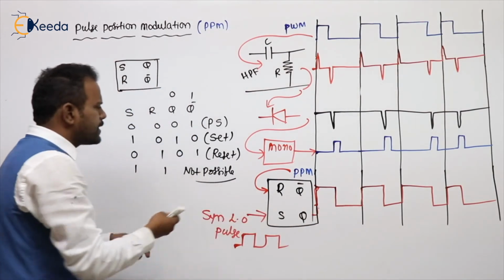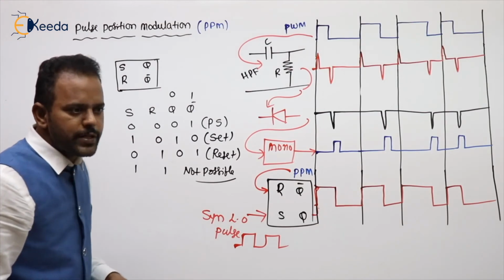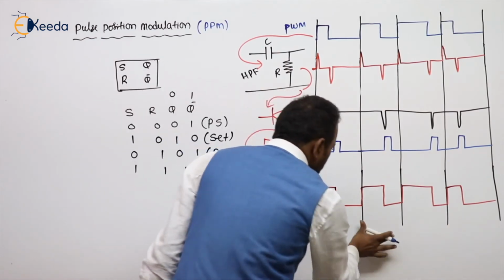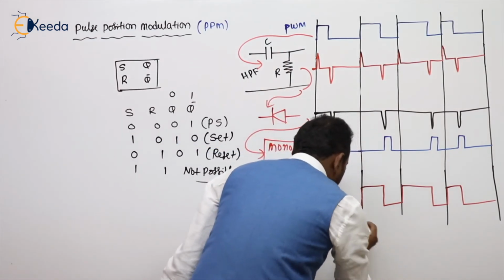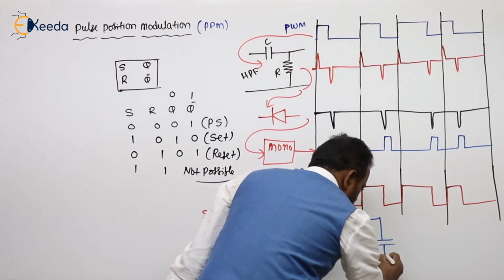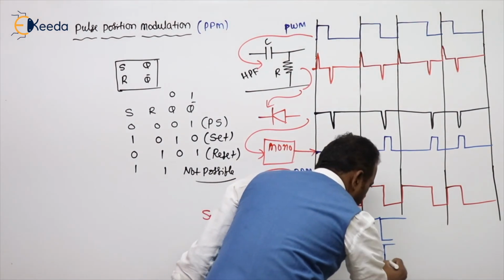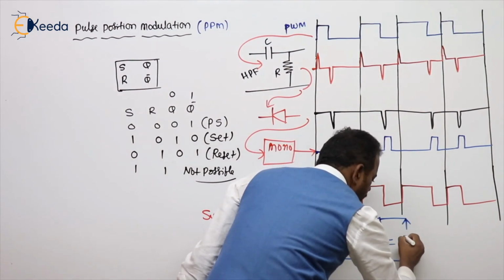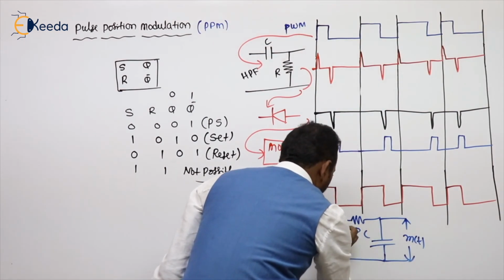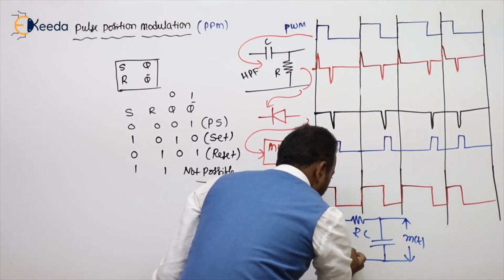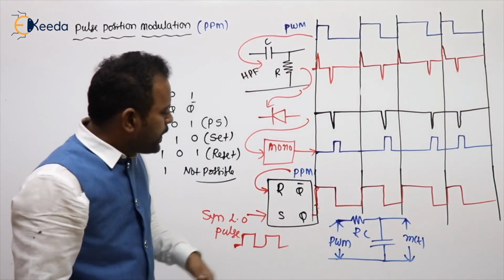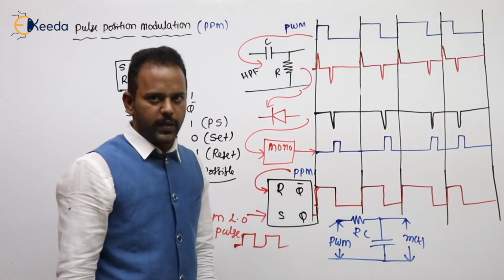How is the PWM signal demodulated, sir? I told you, by using an integrator circuit. What is an integrator circuit? An integrator circuit is nothing but a low pass filter. Students, the process goes like this: the PWM pulses are given to the circuit.